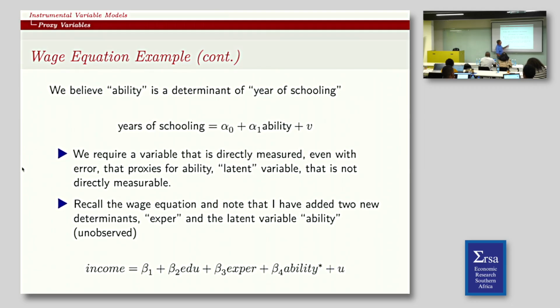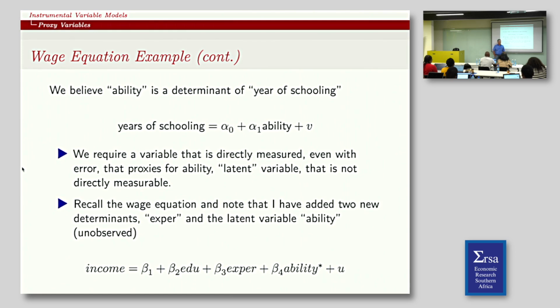I know that education is probably, at least in part, determined by ability. I still think education could matter, but I don't actually observe ability. So instead, I've got this latent, unobserved ability that I'm going to try to deal with in a moment.